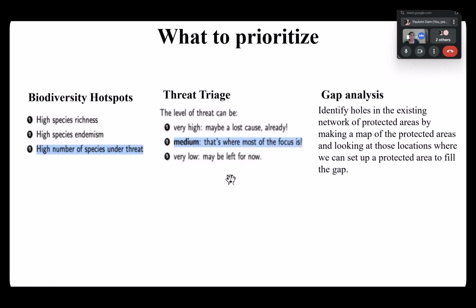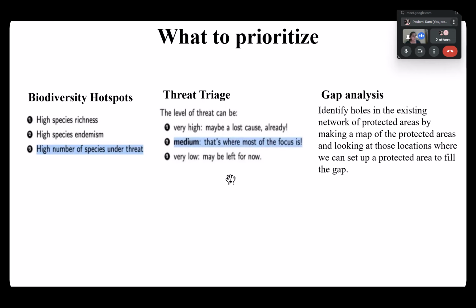They might not be able to recover even if you have extreme human intervention. Very low is what exactly is in the near threatened and vulnerable populations. You can closely monitor them, but you don't need to prioritize them for conservation. There are other animals which are facing a medium level of threat, on whom the focus is, because if you prioritize them and remove the threats, you conserve these animals.